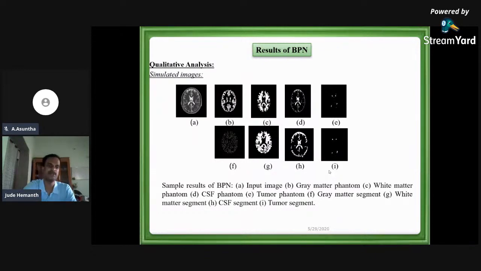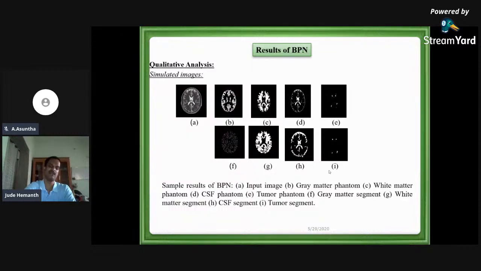So if you look at the outputs, phantoms, right? Phantoms means the ground truth available on the website. If you look at that image, it will be very good, very clean. The bottom F, G, H, I correspond to my results, for which I have used BPN and segmented gray matter, white matter, CSF, and tumor, right? Both will not be exactly the same because segmentation is very, very difficult, as you are playing with minute detail.